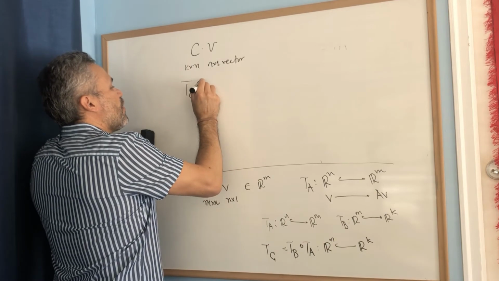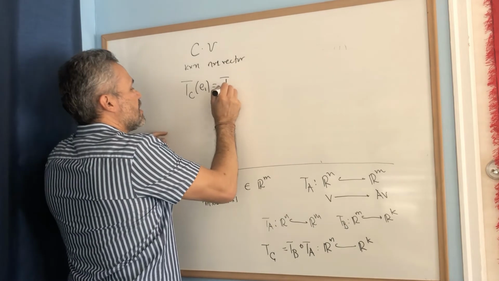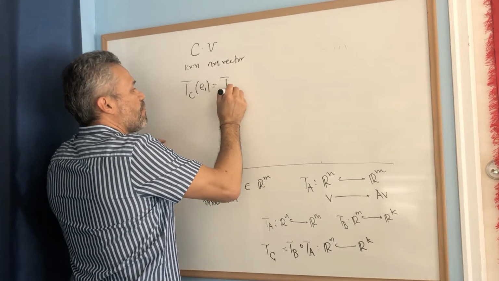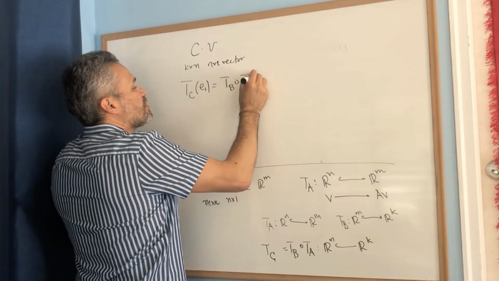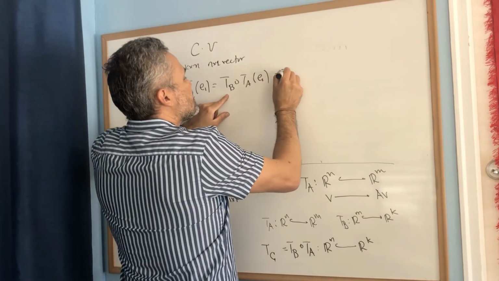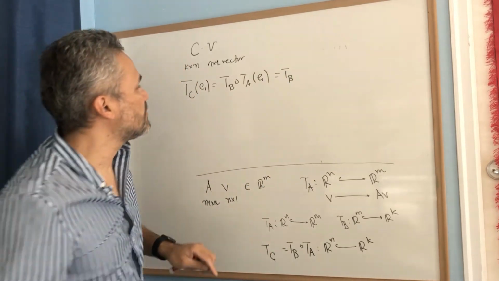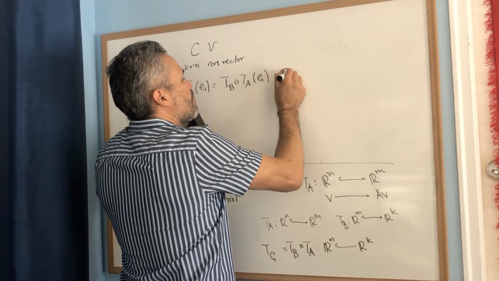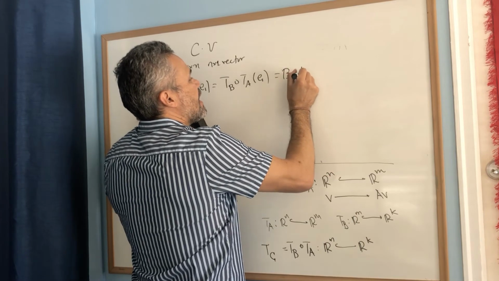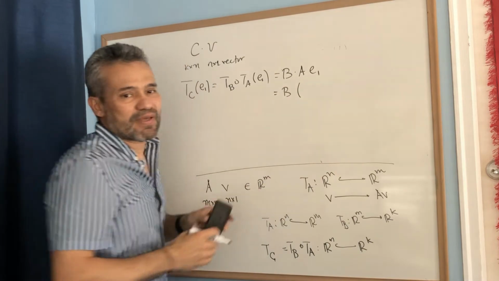T_C of e1, by definition, is the composition T_B composed with T_A of e1. But this is T_B, the matrix B, times A of e1. But what is A of e1?